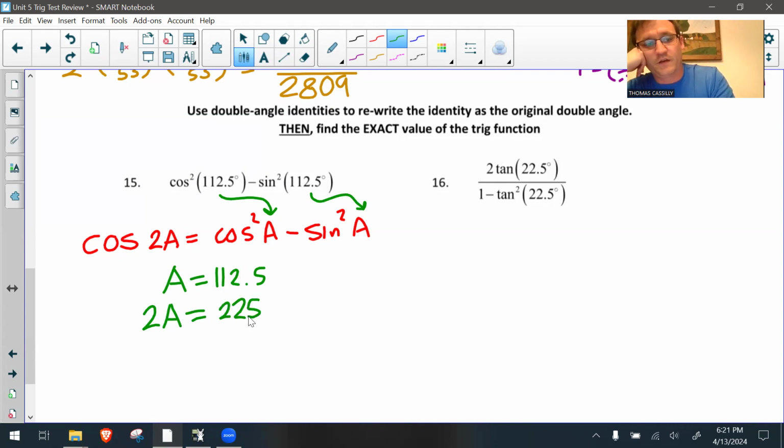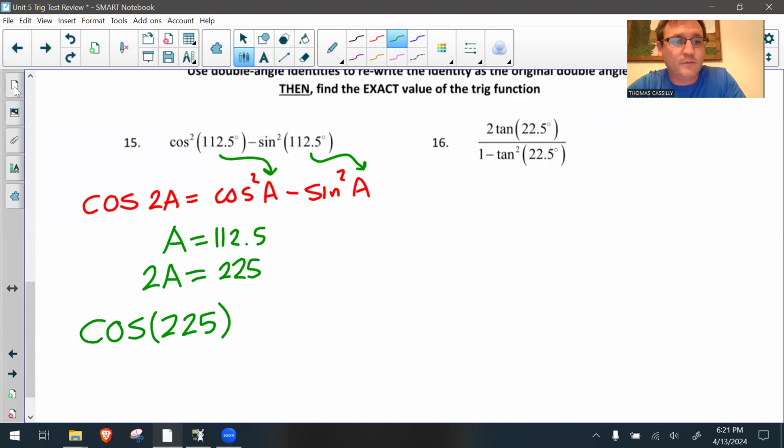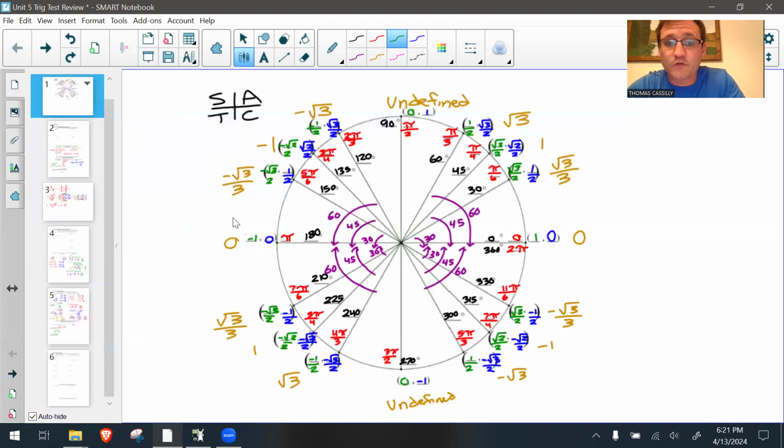That gives us 225, right? So we know the cosine of 225. They want an exact value on that one. Now, again, 225 is on our unit circle. Where is 225? That's this one right here. Cosine goes with that very first ordered pair there.